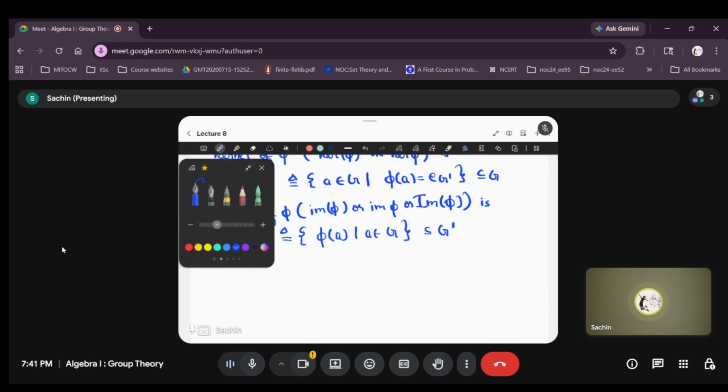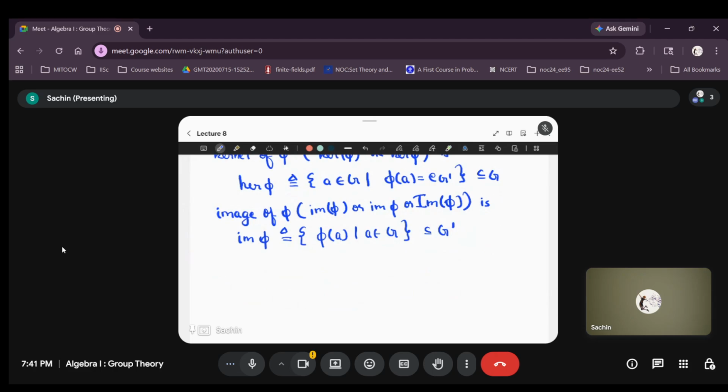Once we have those definitions, we have the following proposition.